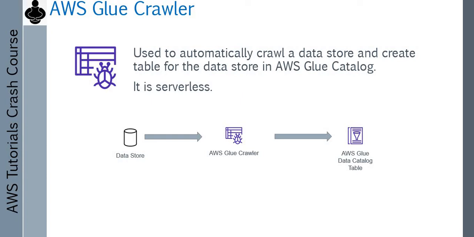It is a serverless service, which means you pay for the time you run the crawler. It's pretty straightforward. You have a data store and you simply run AWS Glue Crawler on that data store, and all the crawler does is generate a schema and catalog for that data store.